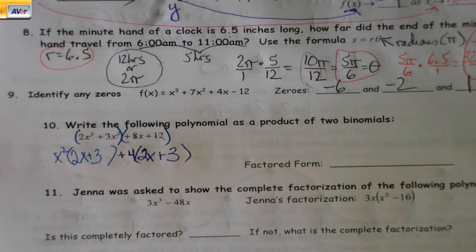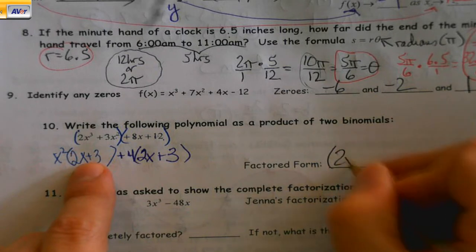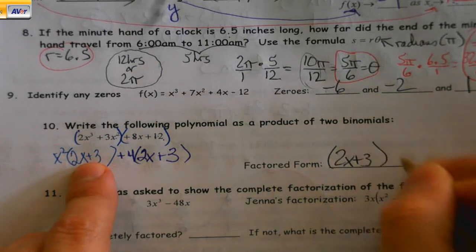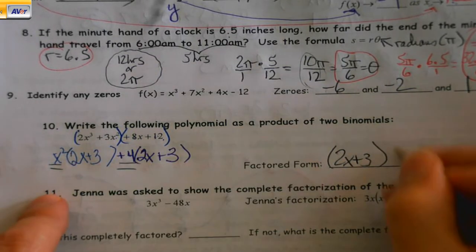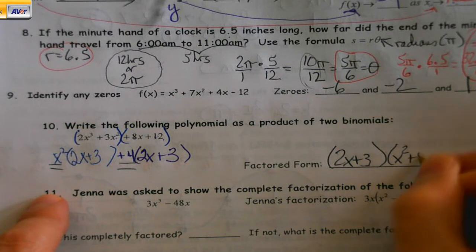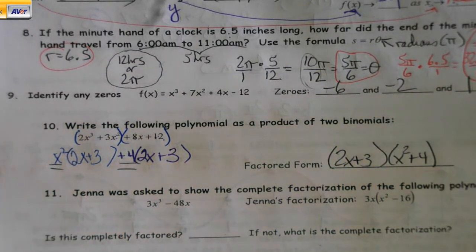Sweet. Not quite done. The factored form will be your common set of parentheses and then the leftover stuff on the outside together. Got to get to that last step. And then we'll be good.